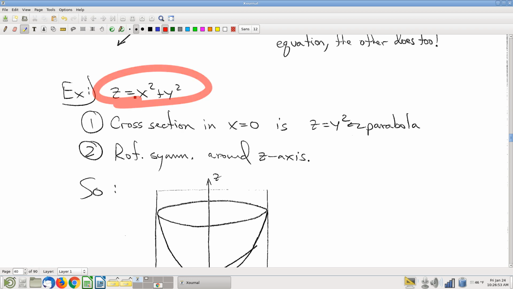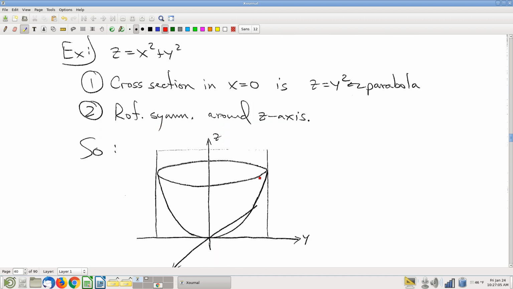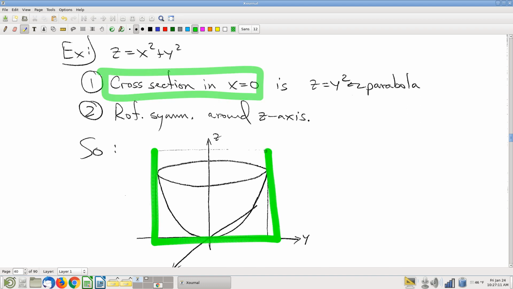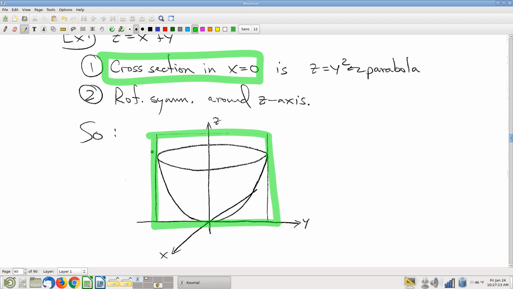In this equation, x and y appear only as part of this special form, and so it's rotationally symmetric around the z-axis. There's that observation that we made above. Furthermore, I can easily take one cross-section in the plane x equals 0. There's the plane x equals 0, right?